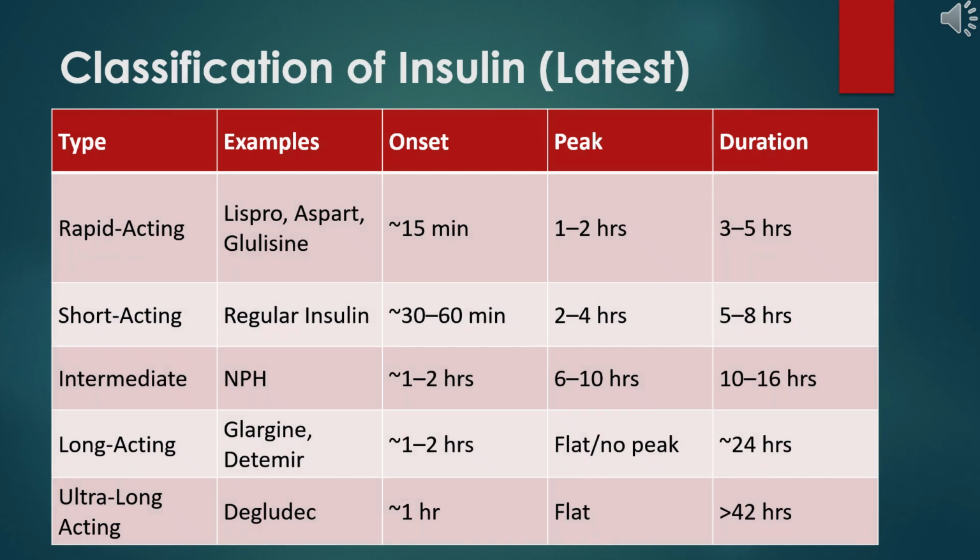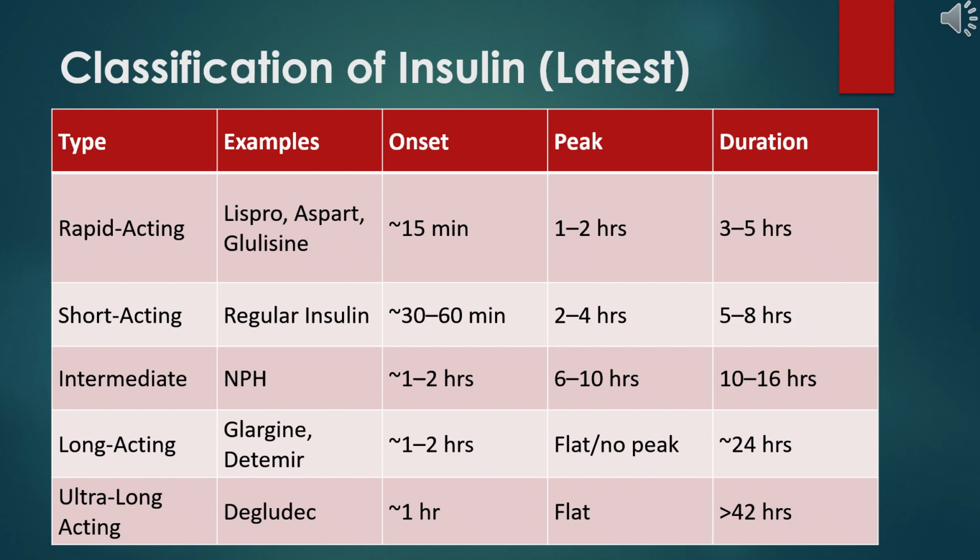Next we have insulin classification. This is the latest update. Insulins are classified based on how fast they start working and how long they last. Rapid acting insulins start within 15 minutes and last about 3 to 5 hours. Short acting insulin begins in 30 to 60 minutes.